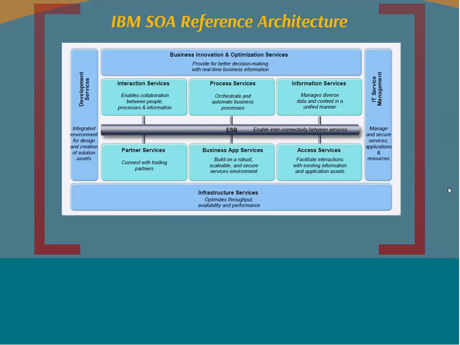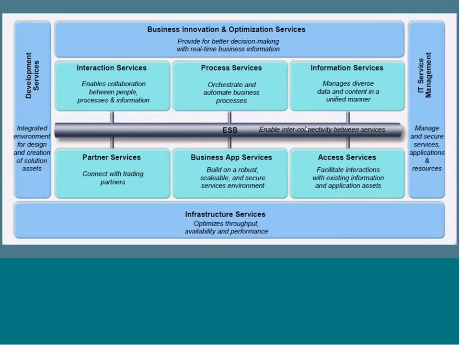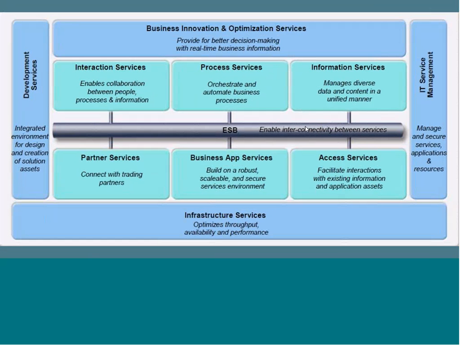This is the IBM SOA reference model, the reference model for service-oriented architecture, and it is a standardized model provided by IBM. All of the IBM products that we see today are structured around this model. For example, you can see there is IT services management on the right hand side.